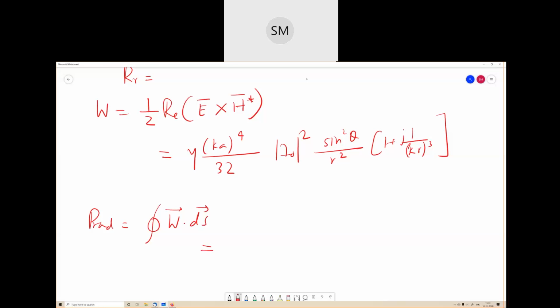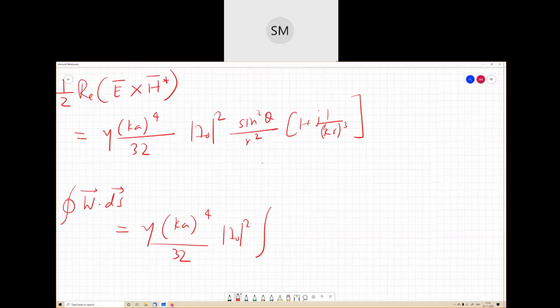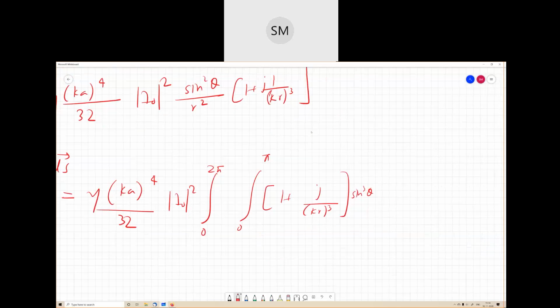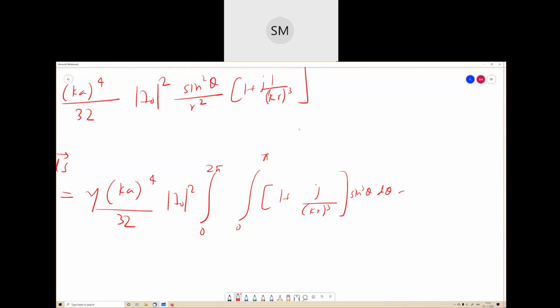That will be eta k to the power of 4 over 32 I naught squared, integral from 0 to 2 pi, 0 to pi, of 1 over jkr cubed, sin cubed theta d theta d phi.